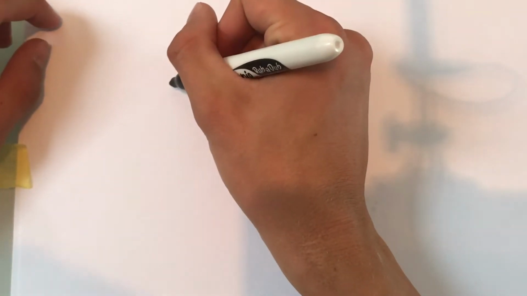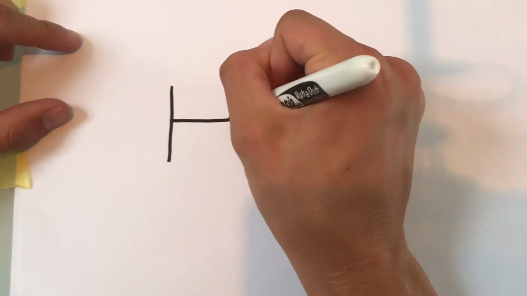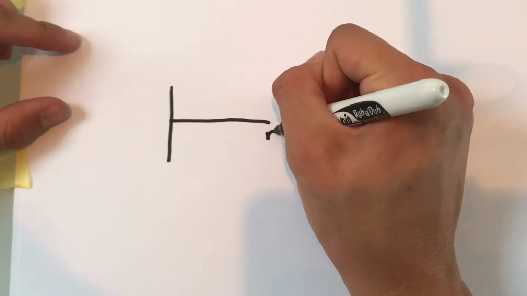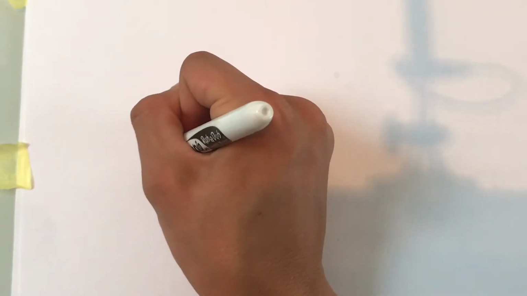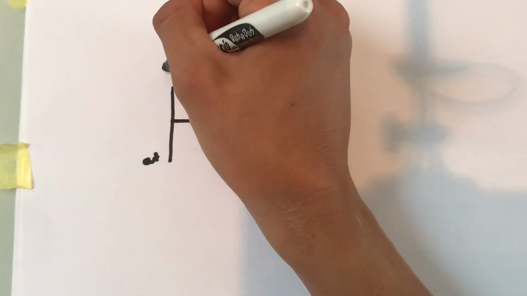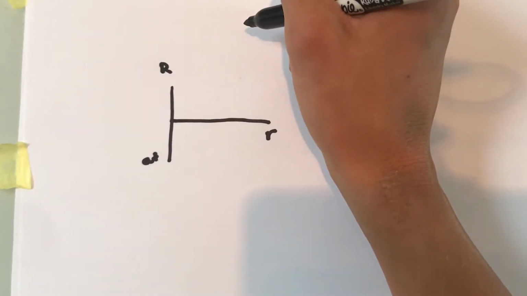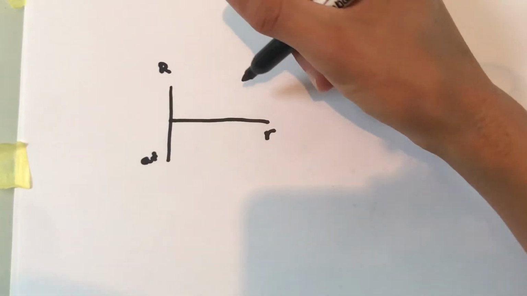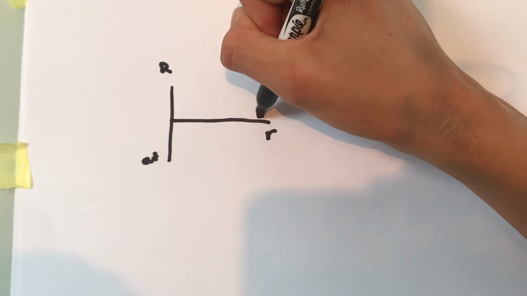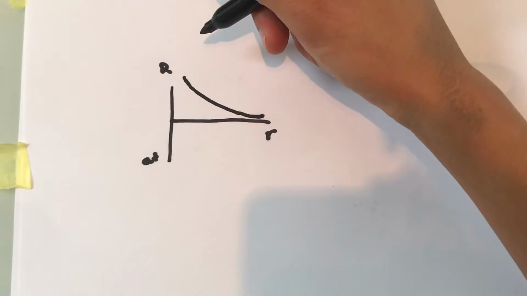So let's plot a diagram that describes that in greater detail. On this axis I will have r, the radius, and here I will have the attraction, A, and here the repulsion, R. We know that the Coulomb force increases as r decreases, meaning that it should look something like this, roughly speaking.